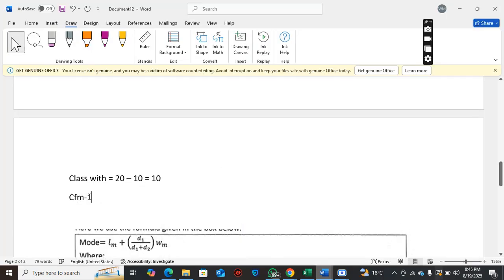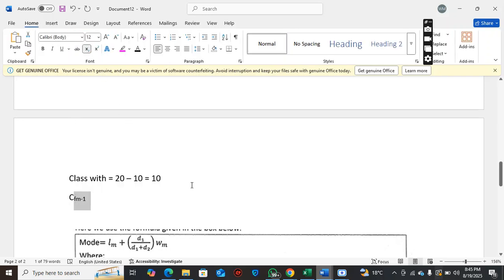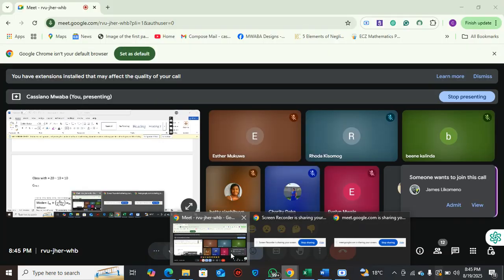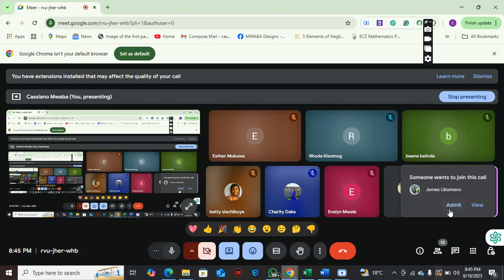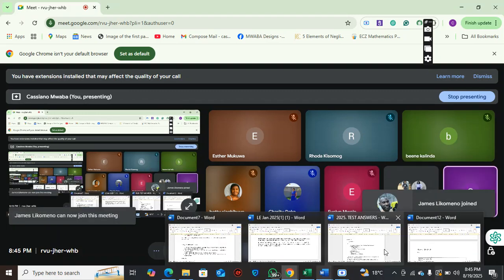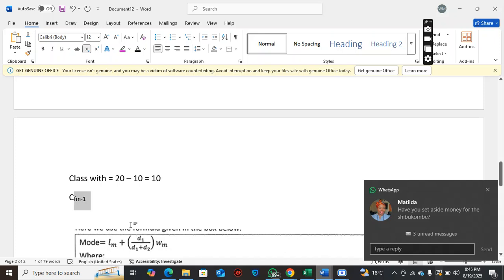Cumulative frequency before the median class is 12.